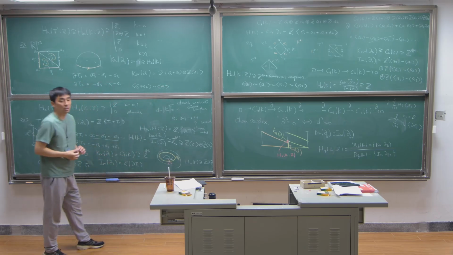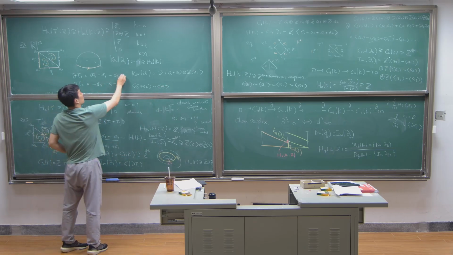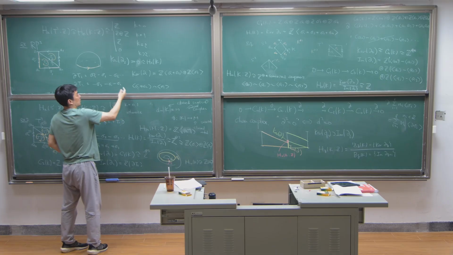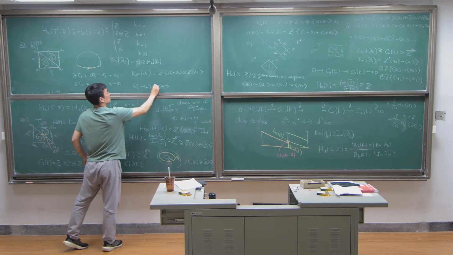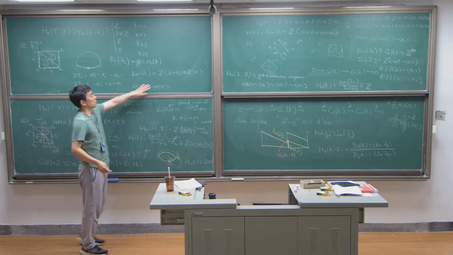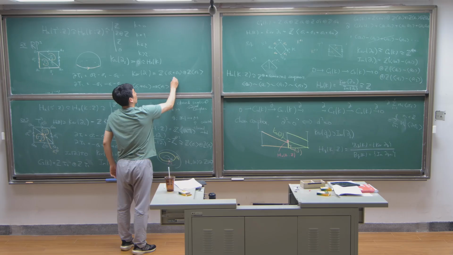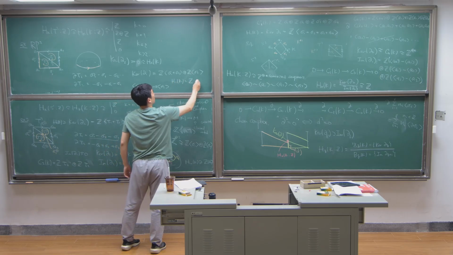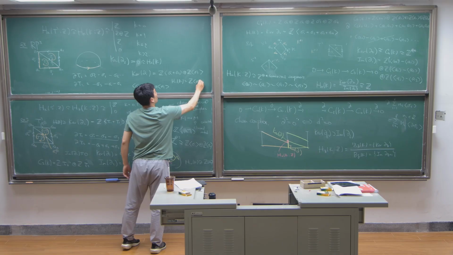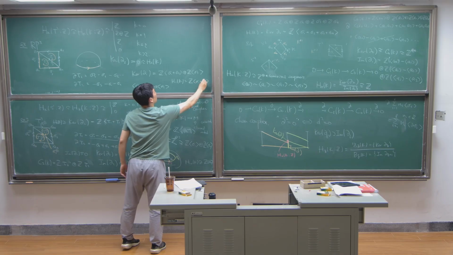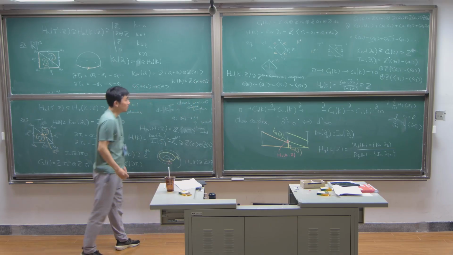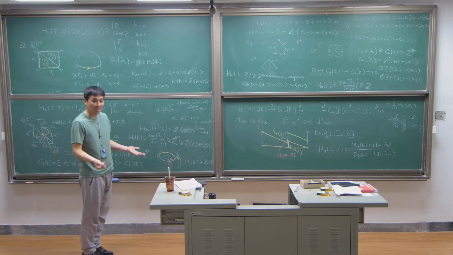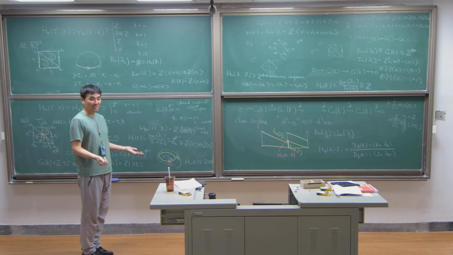This is equal to 0, or plus minus. So therefore H1 of K is whatever sigma 1 plus sigma 2. Maybe? Is this correct or not?